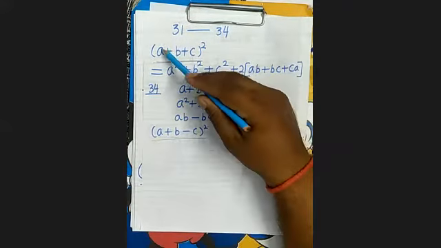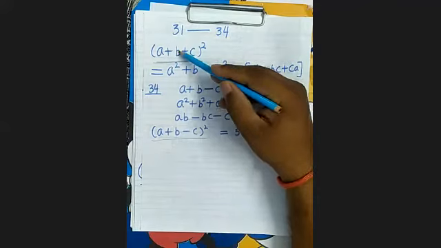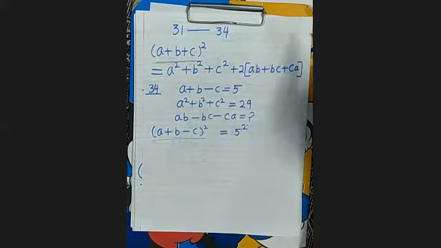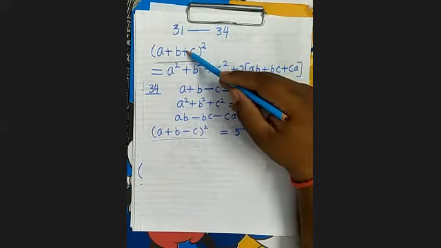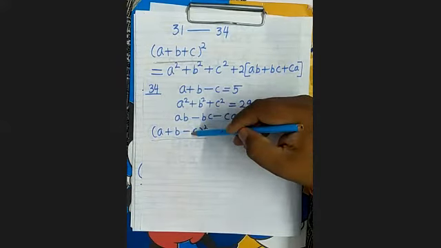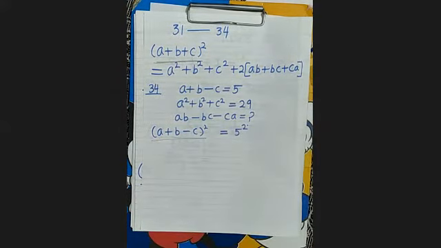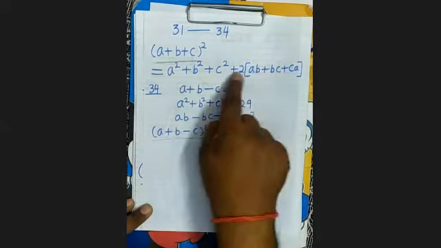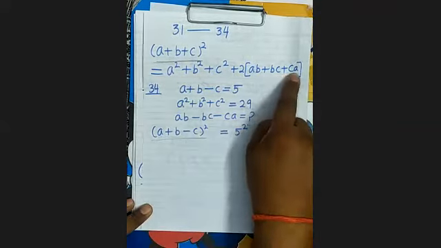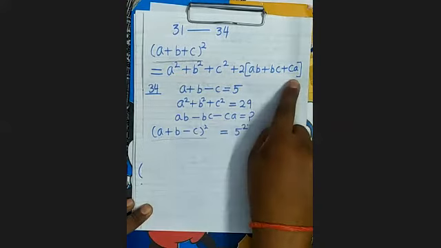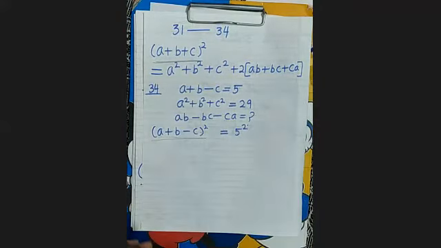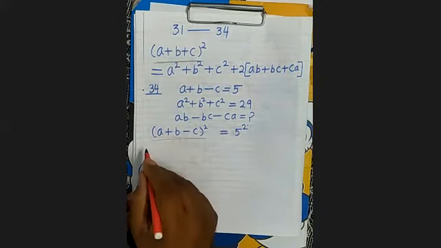In place of a there is a, in place of b there is b, but in place of c there is minus c. Why is it minus c? Because in the formula it is plus and here it is minus. Is it clear? So now when you substitute, everywhere you will take minus c in place of c.